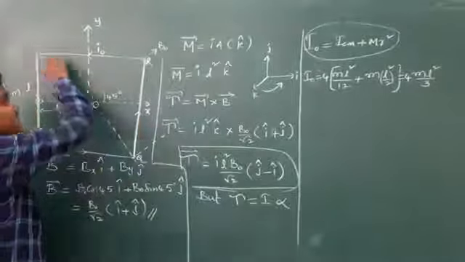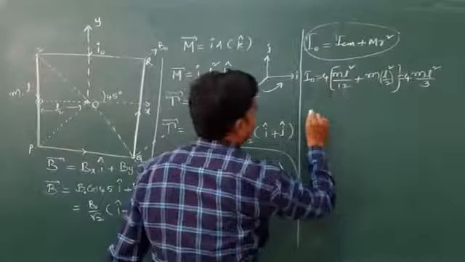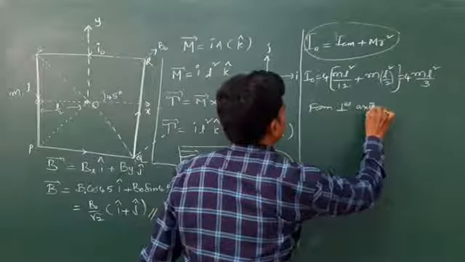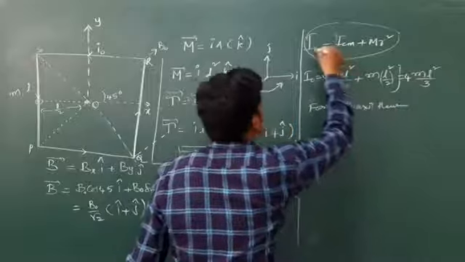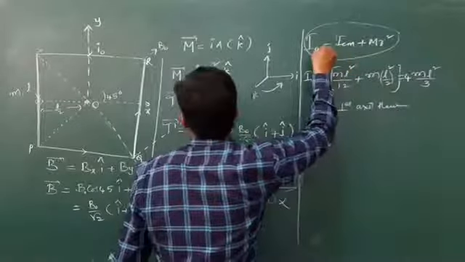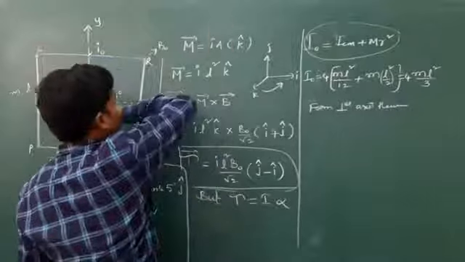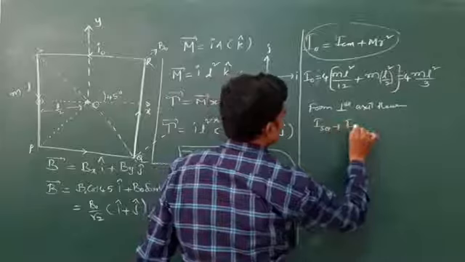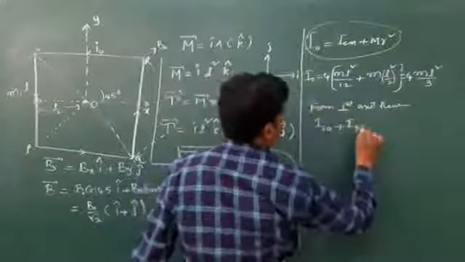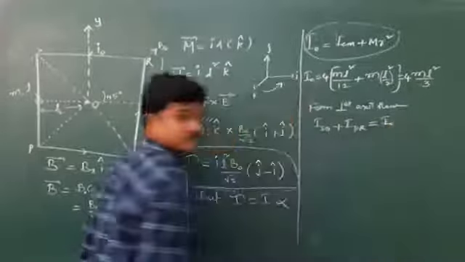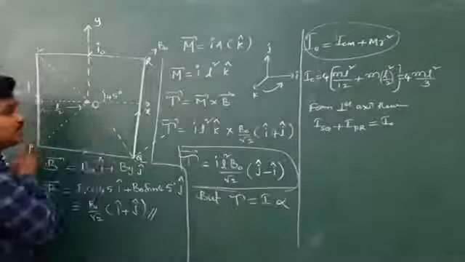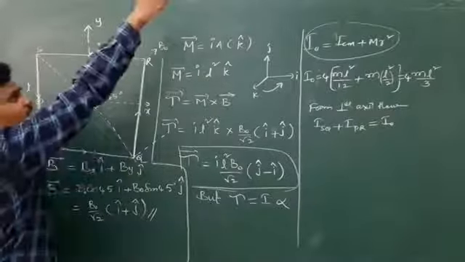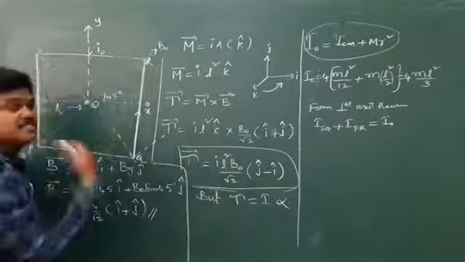And due to symmetry, we can use the perpendicular axis theorem. To find I_O, I used the parallel axis theorem. To find SQ and PR, I am using the perpendicular axis theorem. So I about SQ plus I about PR is equivalent to I_O. I_O is into the board, say this is the x-axis, this is the y-axis, because these two are perpendicular, and I_O is the z-axis.